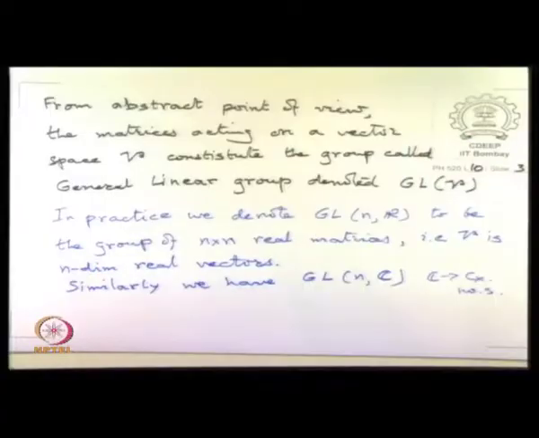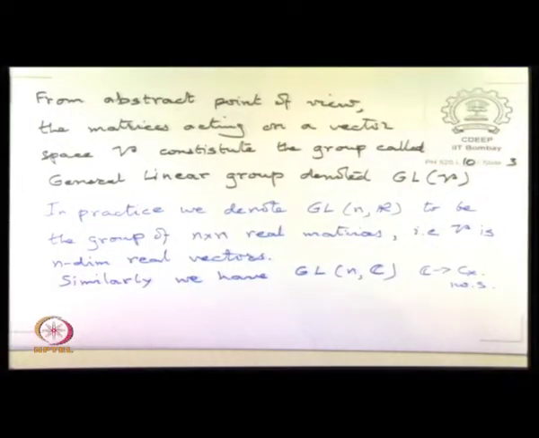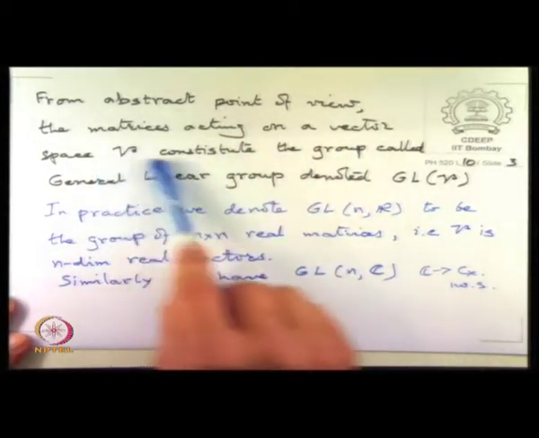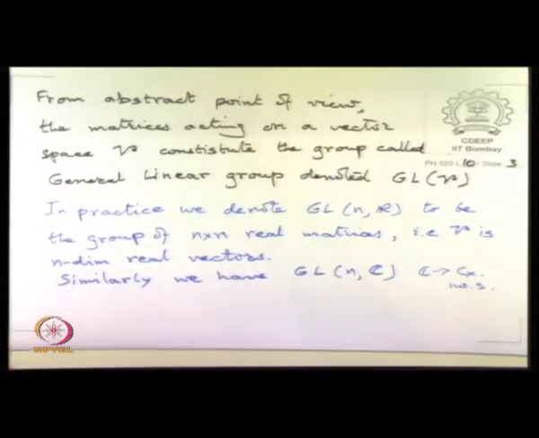So we already emphasized that we will be using the second type. So of determinant not equal to 0. From an abstract point of view, matrices acting on a vector space and with determinant not equal to 0.